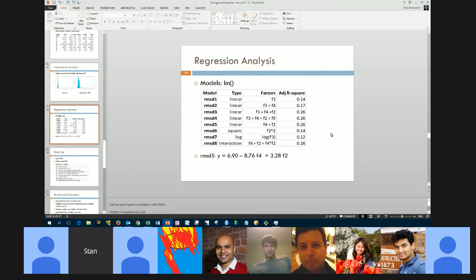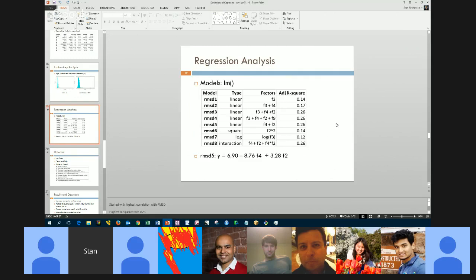Since these analyses are so simple and easy to do in R, just for general interest, we took a square of F2, which did nothing for us as far as the adjusted R square goes. We took a logarithmic function of F3, which did nothing. And we looked at an interaction term here, F4 plus F2 plus F4 cross F2. We got the same 0.26.